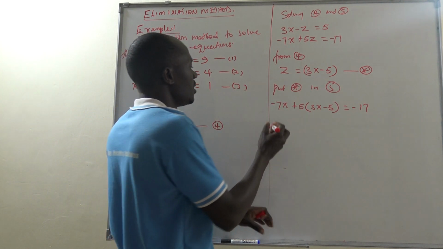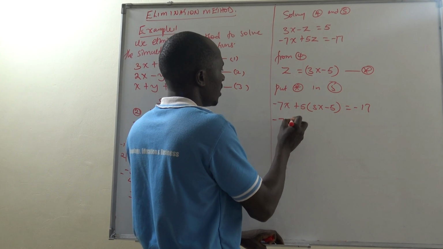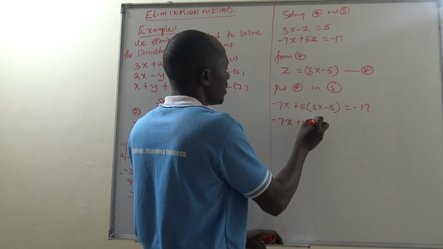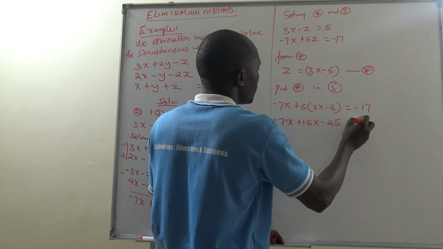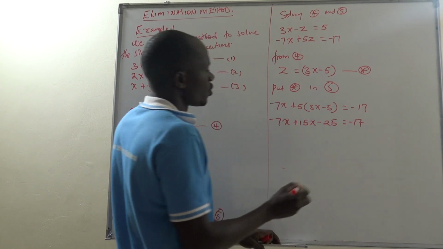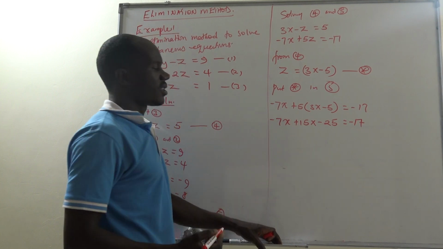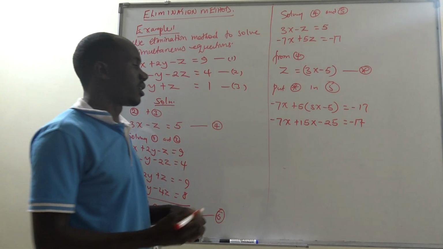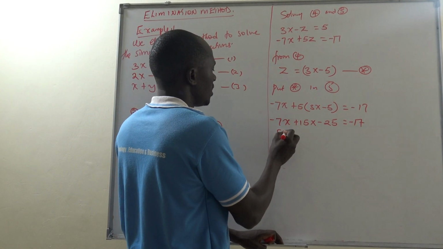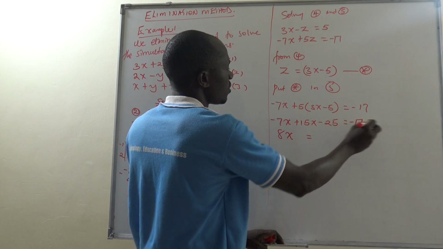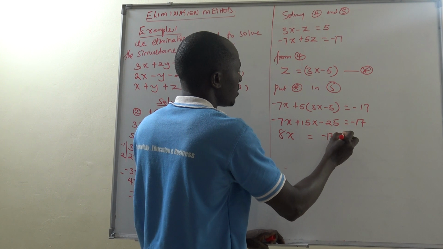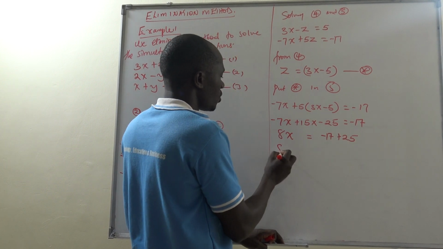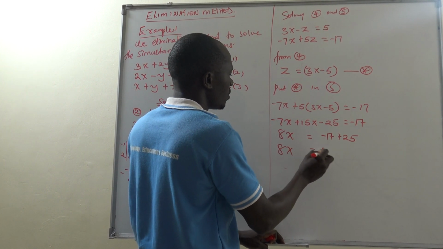So we open: negative 7x plus 15x minus 25 equals negative 17. Negative 7x plus 15x comes out with 8x, equals negative 17 plus 25. So I've got 8x equals 8.